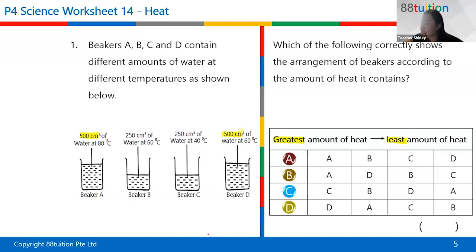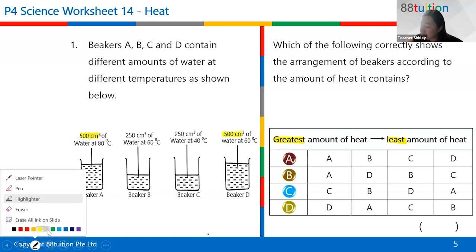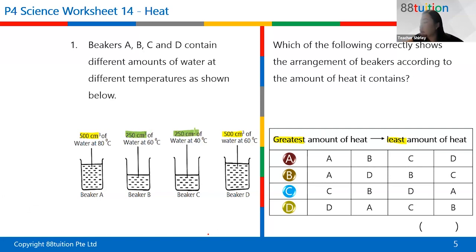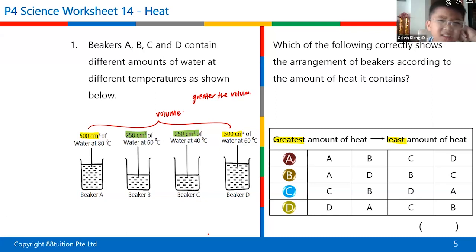This one and this one are the same. This one and this one are the same. So what aspect is this? This one is actually volume. Now, what do you have to understand about volume? The greater the volume, the more heat there is.